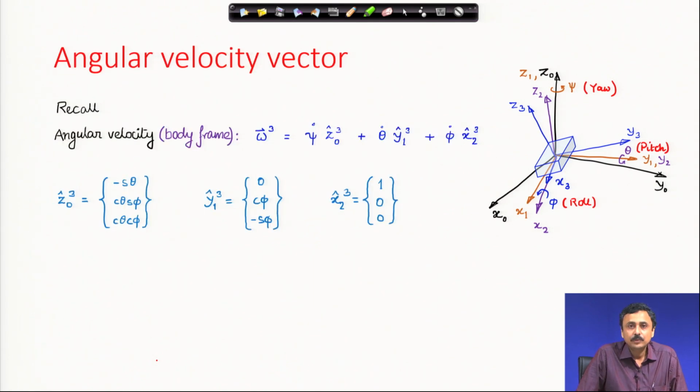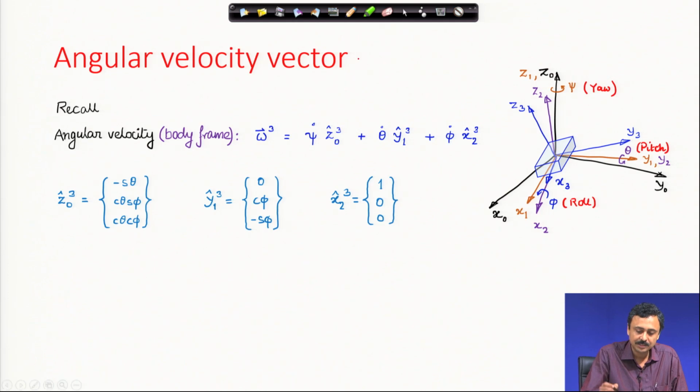Also recall, we discussed this representation of the angular velocity in this body-fixed frame. It is the yaw rate times z0 represented in the third frame, theta dot, which is the pitching rate about y1 represented in the third frame, and the roll rate about x2 represented in the third frame.